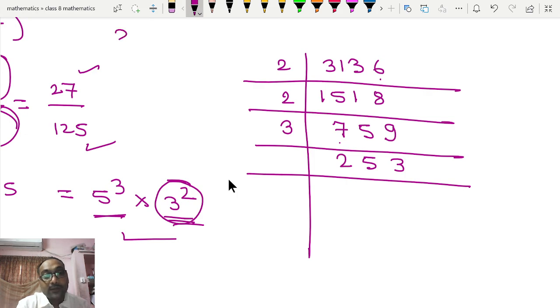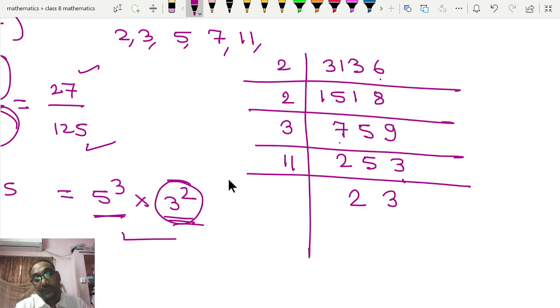So assume any number, but that should be prime. After 2, 3, 5: this number cannot be divided by 5 because its last digit is 3; it should be 5 or 0. 7, no, it will not be divided by 7 also. 11, yes, 11 times 2 is 22, and 11 times 3 is 33, and 23 is also a prime.